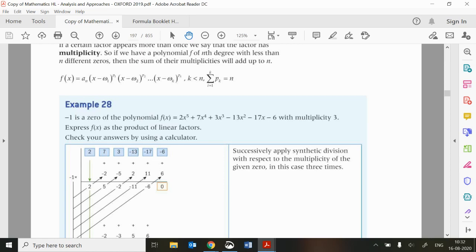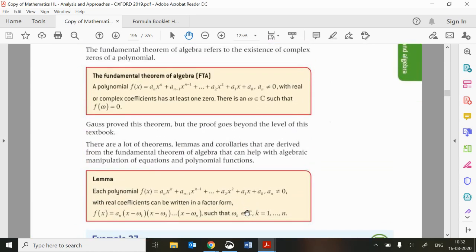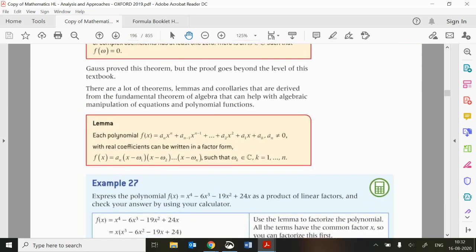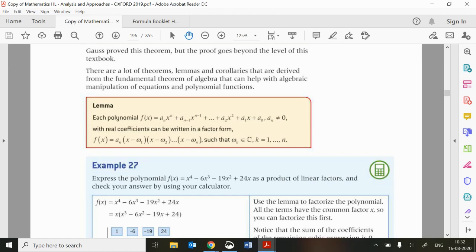Now, what's interesting about that is if we go back to the lemma of the fundamental theorem of algebra, which tells us that we're expecting n solutions to this f of x is equal to 0, that we're expecting n roots to a polynomial equation with degree n.